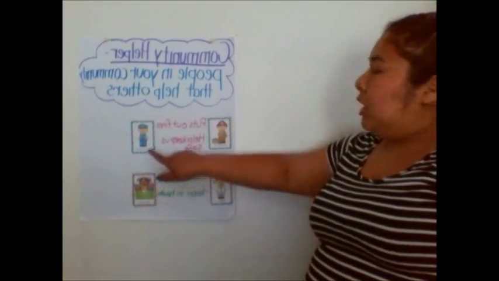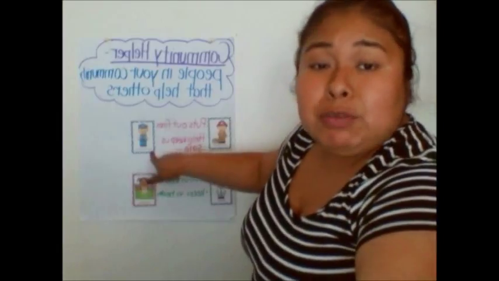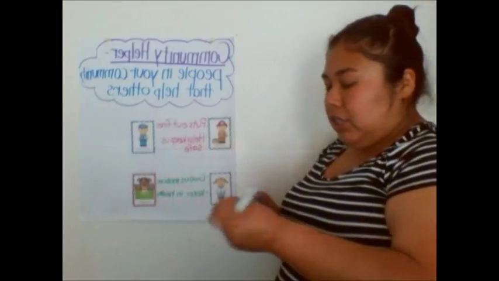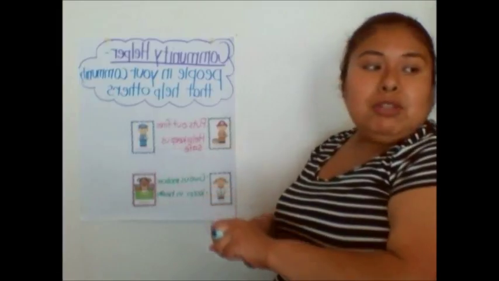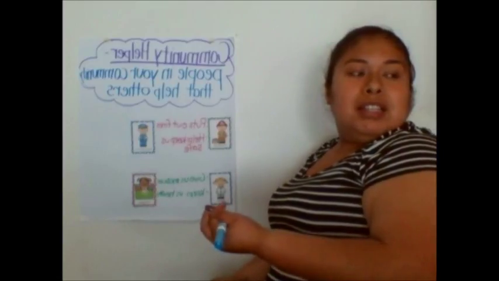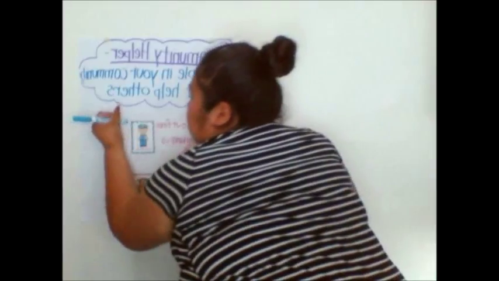Our next community helper is going to be a police officer. Do you guys remember what Estuardo from the yellow group said about a police officer? Estuardo, can you tell us again? It gets bad guys to jail, and gets you to your parents when you walk.